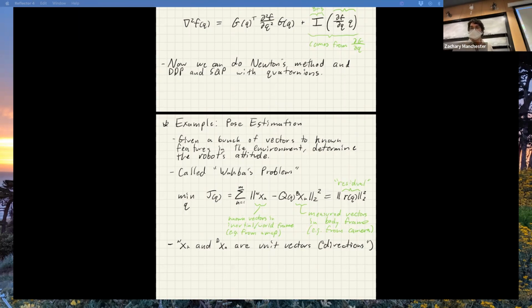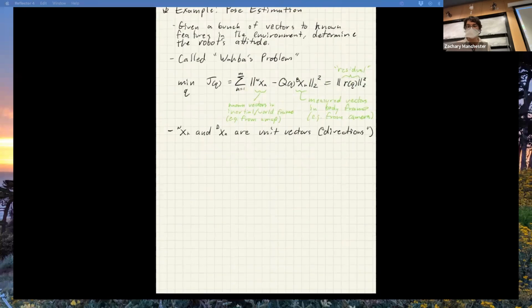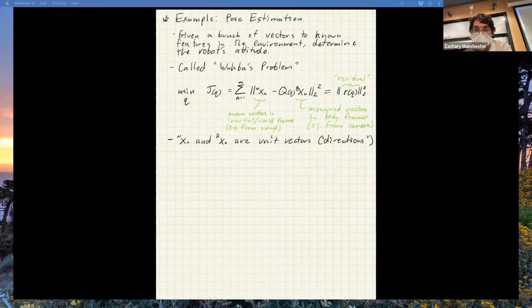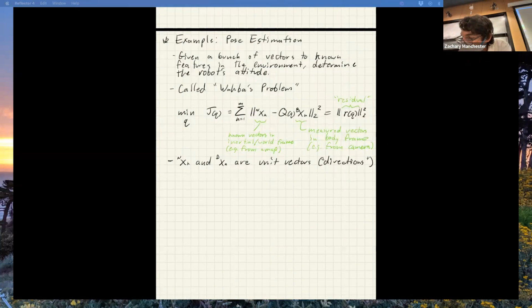Okay, so we're going to now write down what this residual function looks like. R of Q equals, we're going to stack up all of these x's, down to xm.